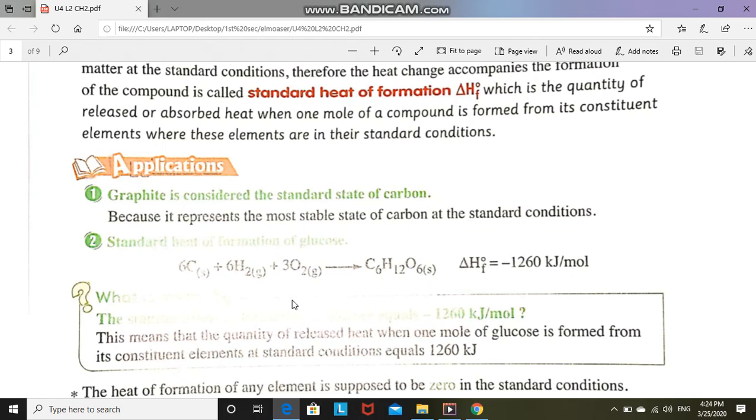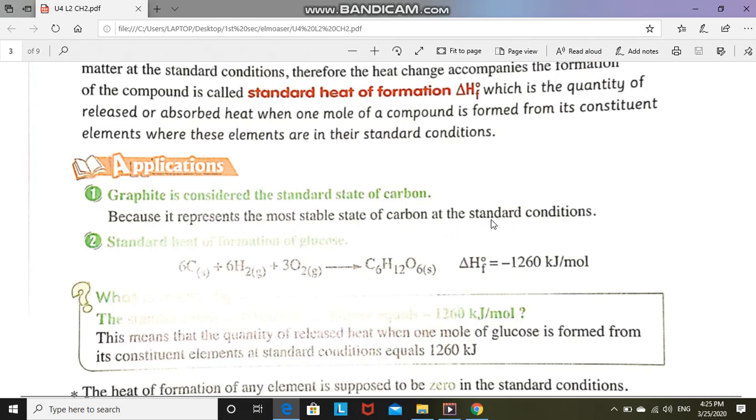Okay, we have another application in our life. We have standard heat of formation of glucose. Okay, if we have 6 carbon atoms, 6 hydrogen molecules, and 3 oxygen molecules, it will produce 1 mole of glucose at standard conditions.